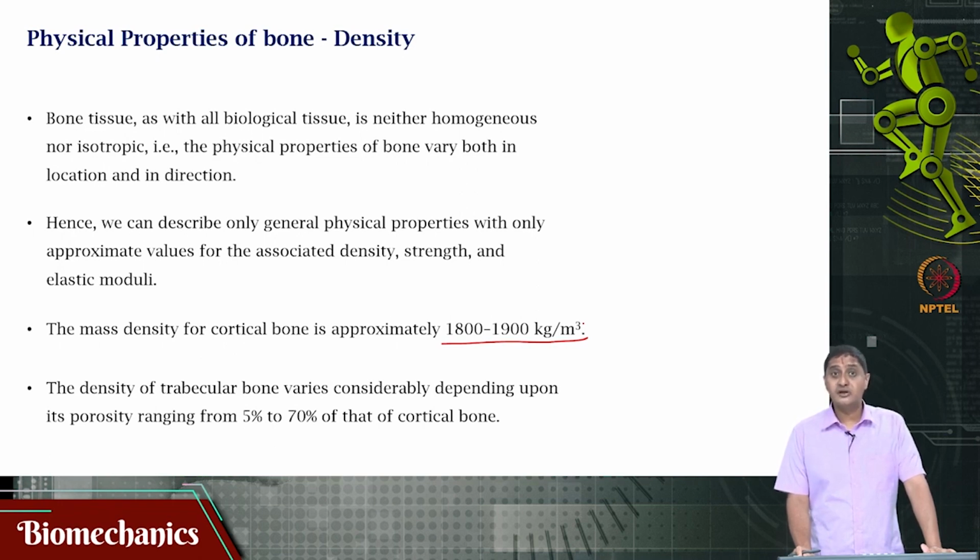That means it can be really light, or it can be almost as dense as the cortical bone. That is a function of the amount of holes present in the network structure, the amount of porosity.